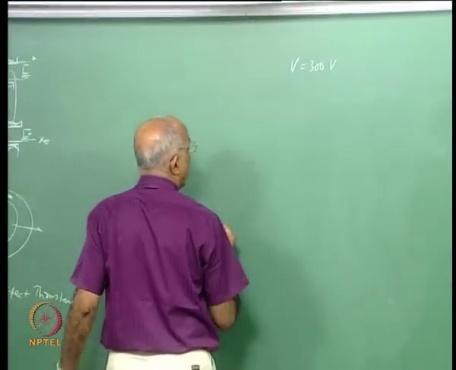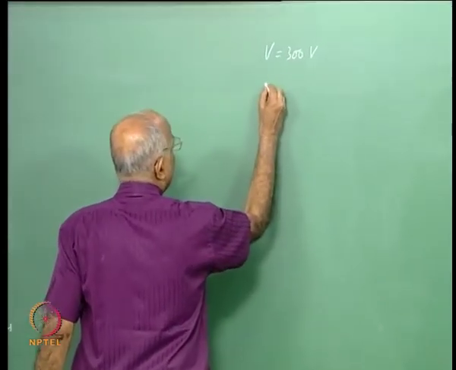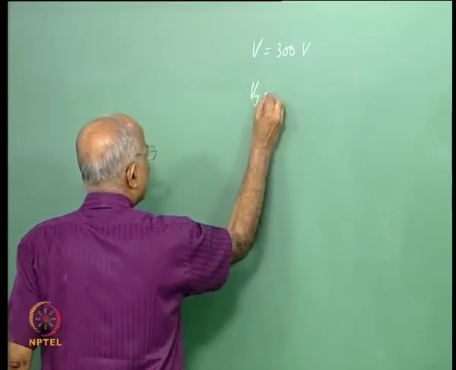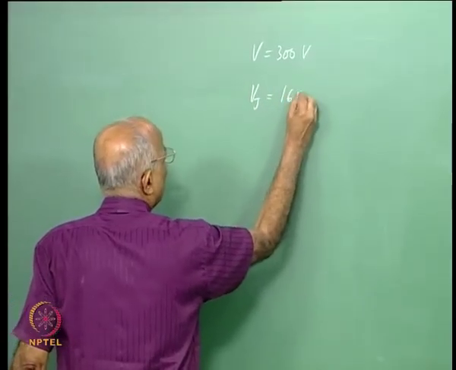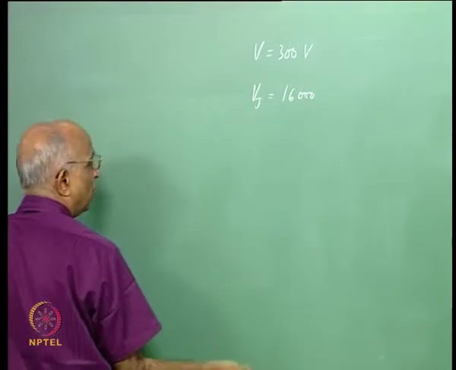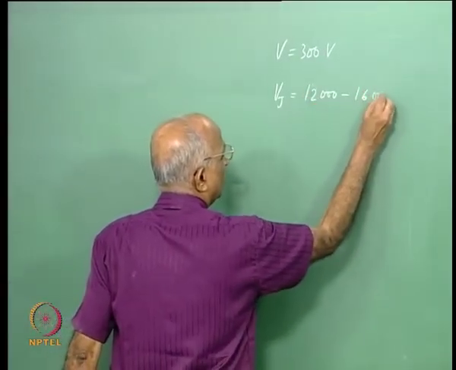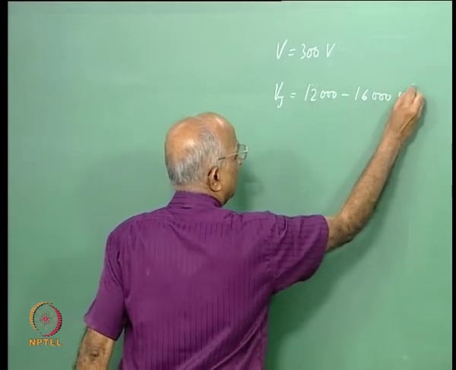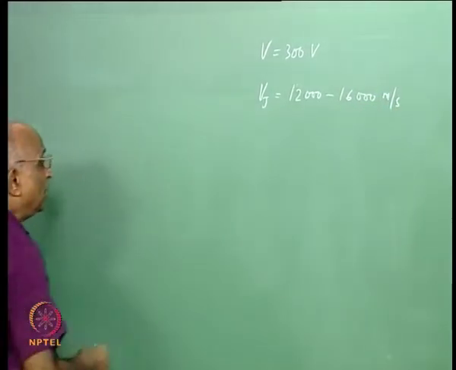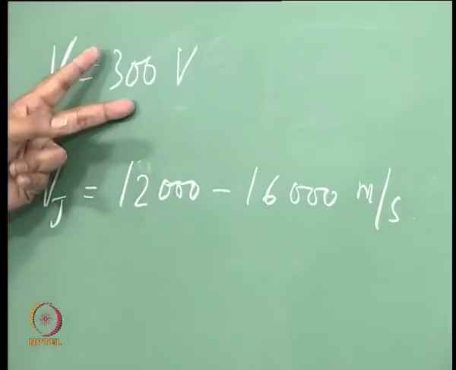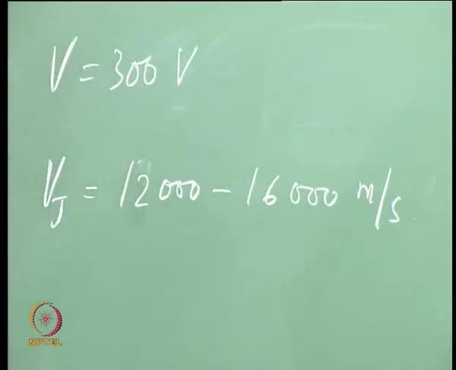There is no question of a gap, and the Vj I get is somewhat lower, of the order of let us say 12,000 to 16,000 meters per second, compared to 24,000. But even though I get a smaller value, I use much lower voltages, and this is what is known as a Hall effect thruster.